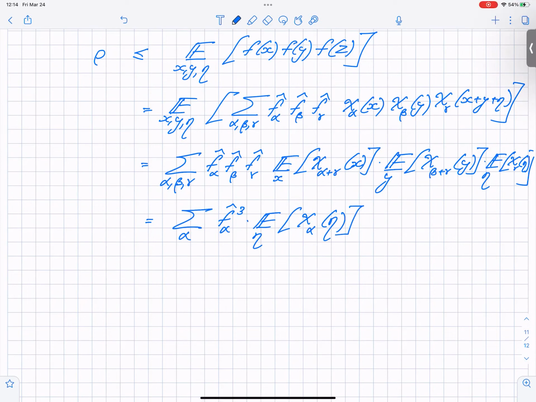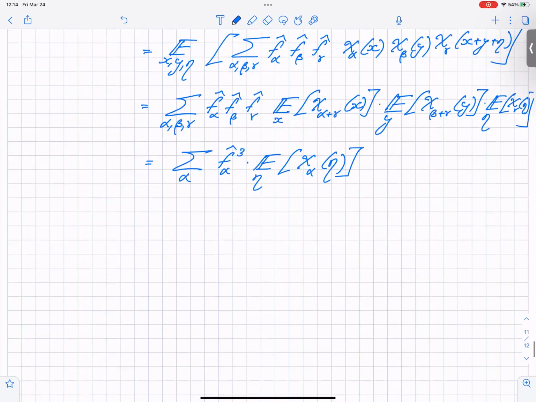So the expected value vanishes unless alpha, beta, gamma are the same, and then I just rewrite the expression.